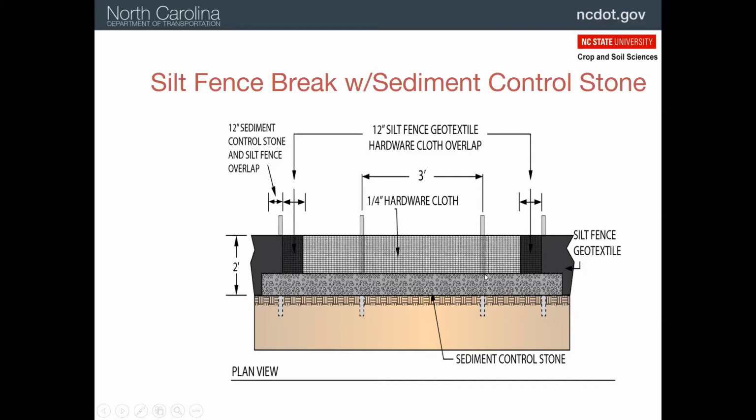And so we've got the rock on it and we could have a lot of pressure. So we're going to have 3-foot spacings. Make sure that we overlap the rock onto the silt fence so water doesn't get around it. We're driving those stakes in 2 feet and making sure that the wire is properly supported again with zip ties.